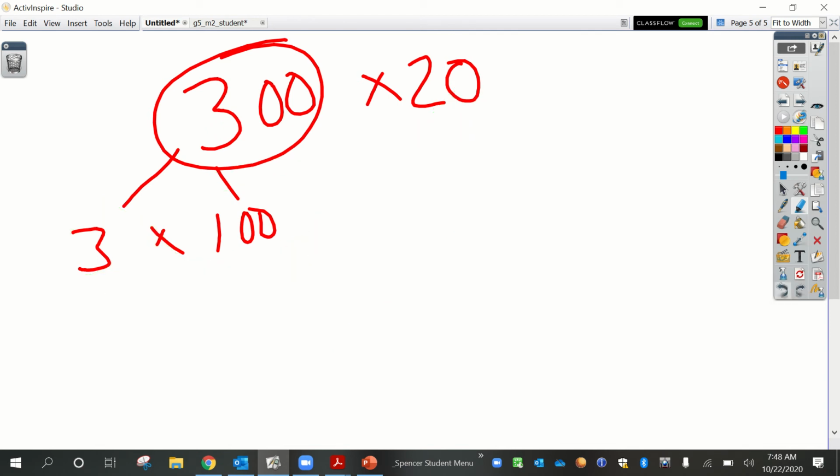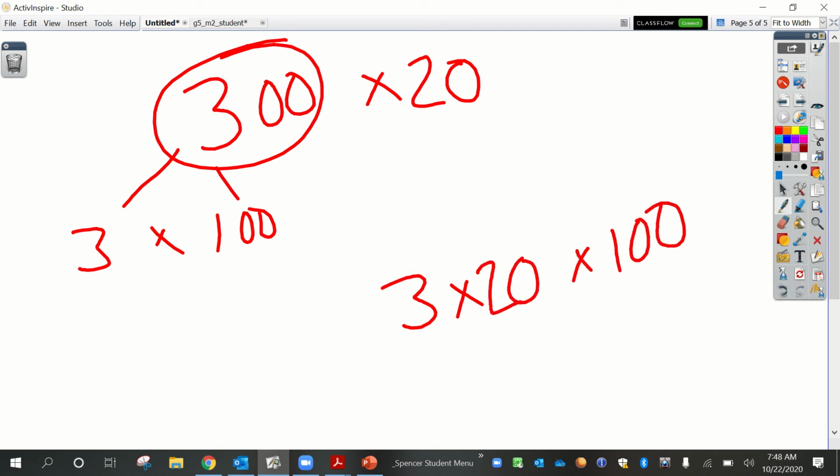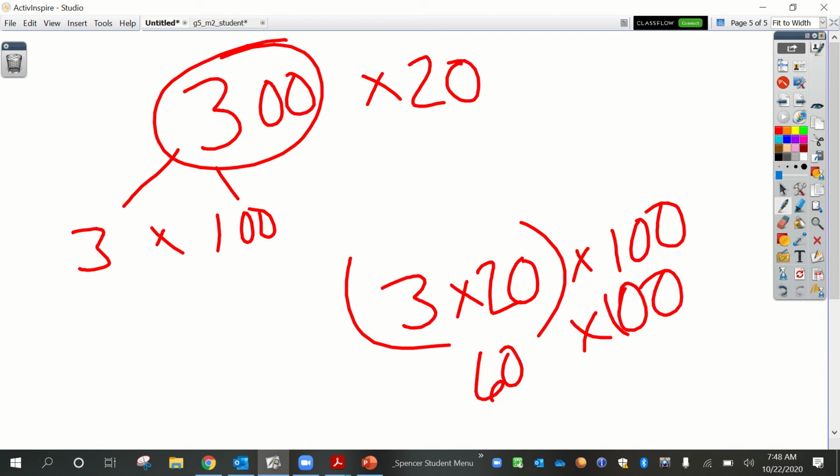So we're going to just rewrite this as 3 times 20 times 100. Because 3 times 20 is a lot easier to manage in my brain than 300 times 20. So 3 times 20 is 60 times 100. Then I know that we're going to shift twice, so that's going to be 6,000.